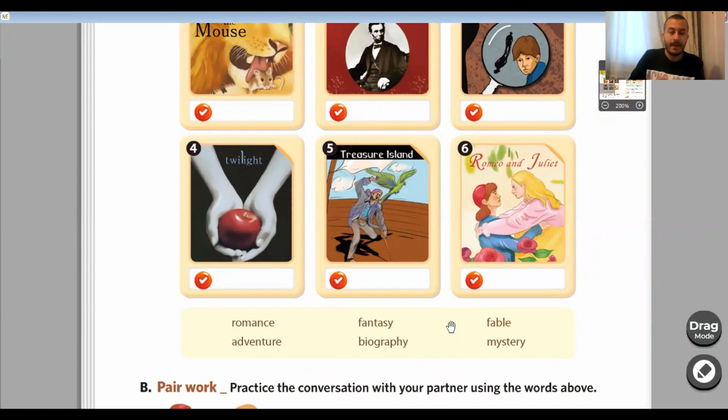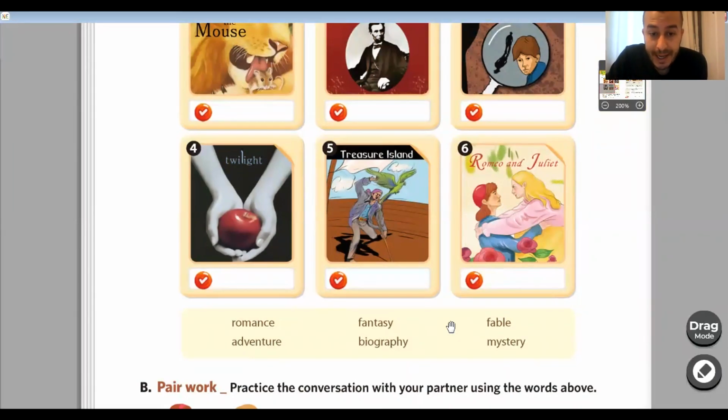Now, the word adventure is a fiction too, in which the characters undertake an adventure and it involves physical danger too. And it's very exciting to read adventure books.